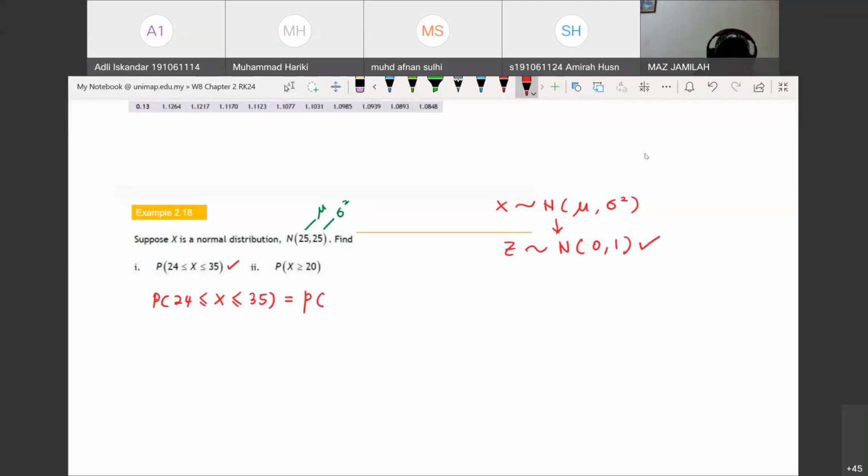So this will be 24 minus the mean, 25, divided by the standard deviation, which is the square root of 25. Once you apply the transformation, X becomes standard normal, so it becomes Z. The same goes for 35 minus 25 divided by the square root of 25.